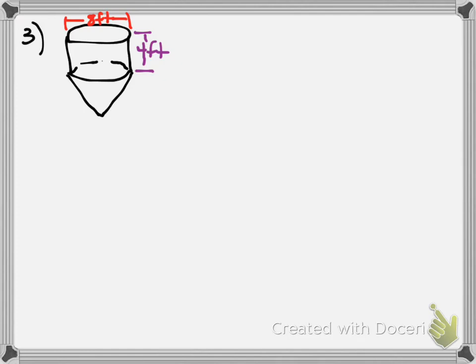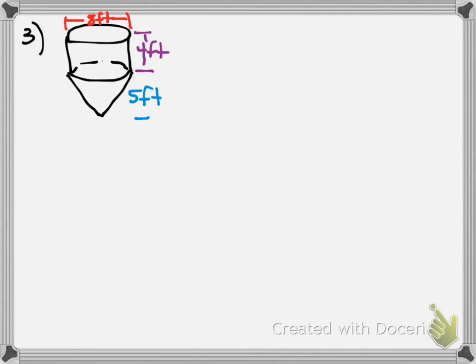From the top of the bottom shape to its very bottom, they say that's 5 feet. So again, what we're going to do is identify each of the pieces. We're going to figure out the volume of each of the pieces, and then we're going to add those volumes together.